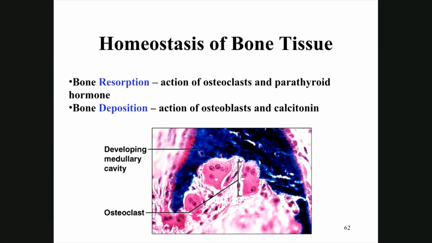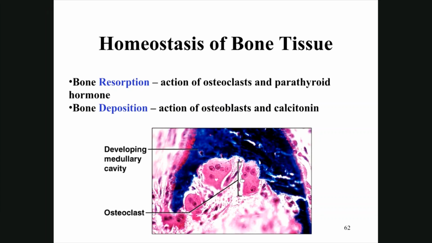So for bone resorption, there are two key words that are good to know to distinguish. Bone resorption is chewing up the bone, and it's under the influence of parathyroid hormone, whereas bone deposition is under the influence of osteoblasts, which basically lay down the bone, and it is influenced by the hormone calcitonin.